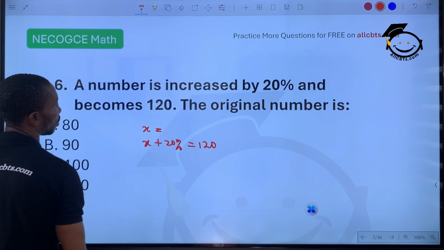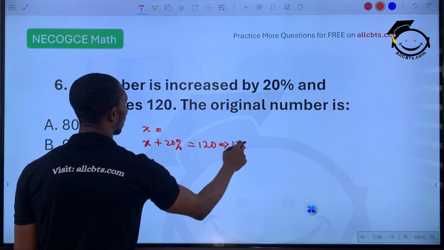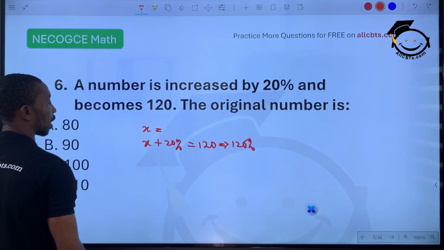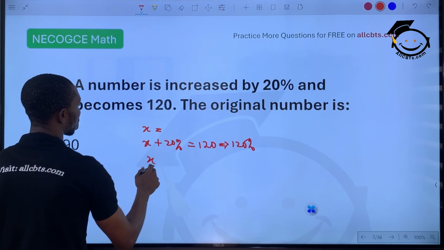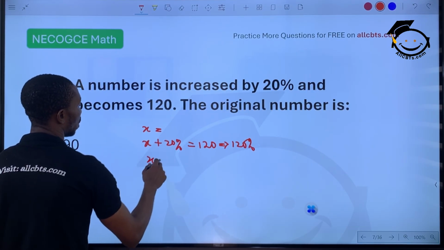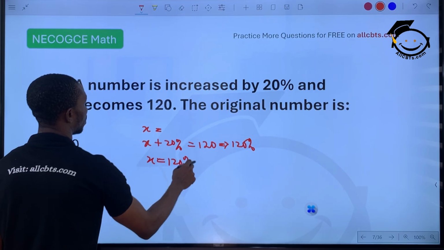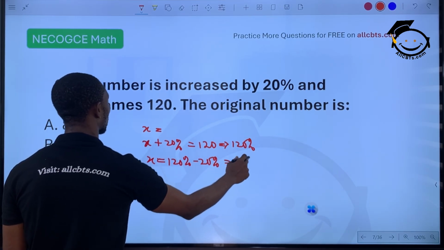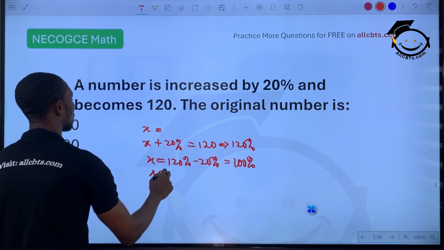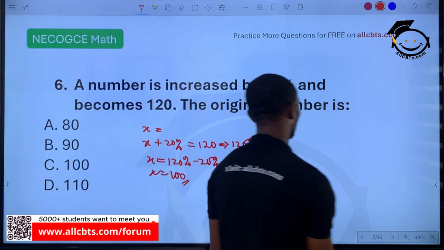So we can say this to be 120%. So this becomes x equals 120% minus 20%, which is 100%. So our x is 100. The value of x is 100.